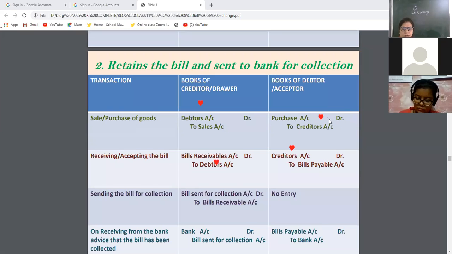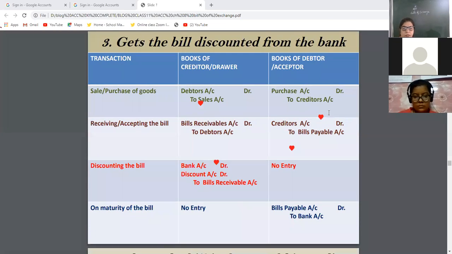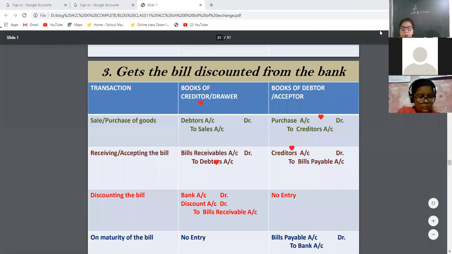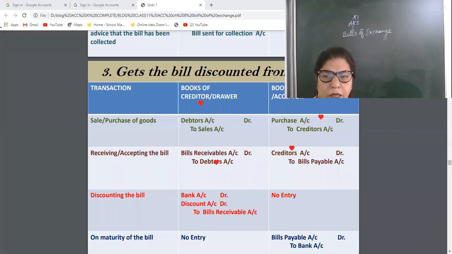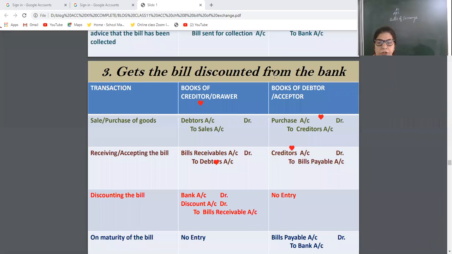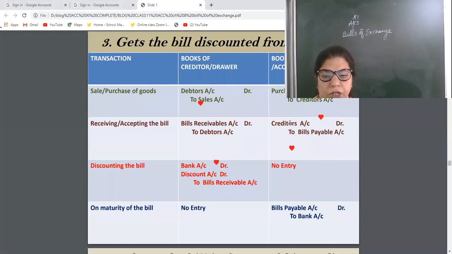Now, after that, the third condition. Third condition is bill discounted from bank. Bill discounted from bank means the drawer has the power to discount it from the bank and get the payment before maturity.